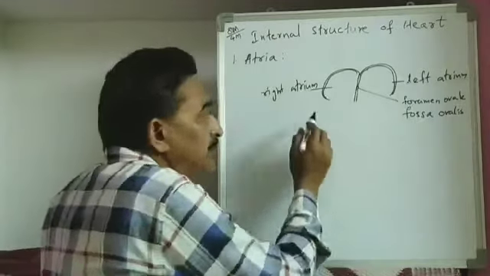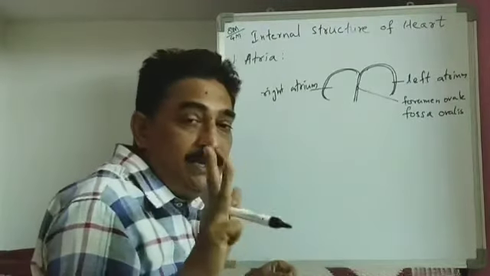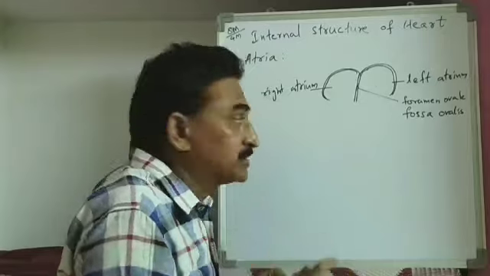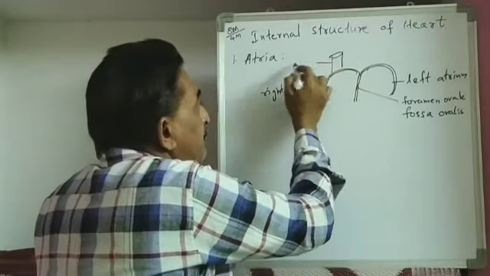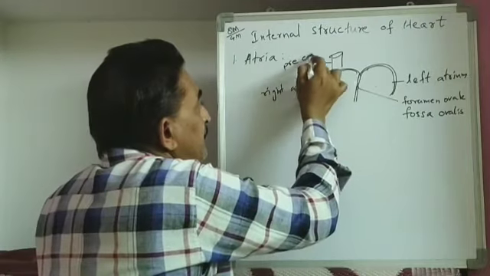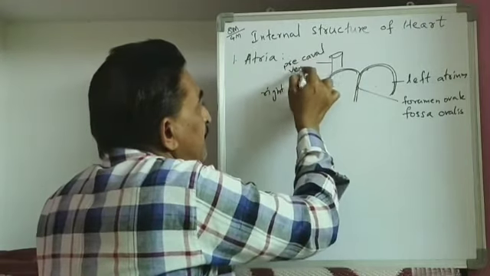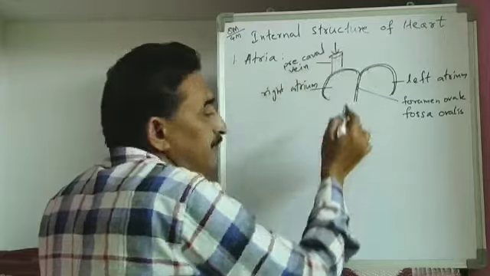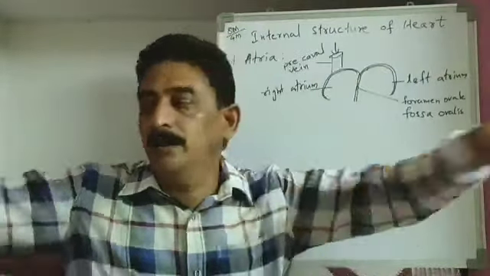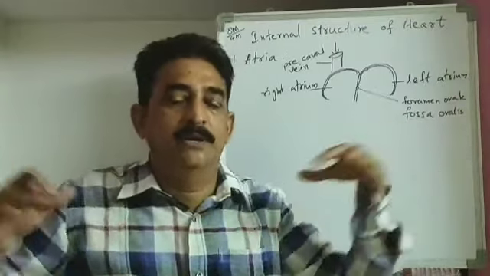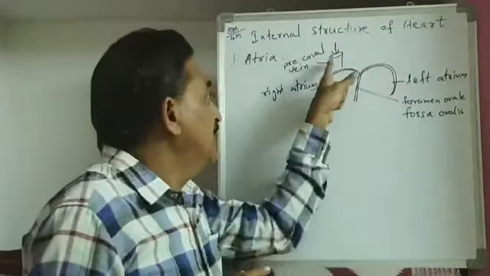So right atrium receives 3 venae cavae. This is precaval vein. Precaval vein receives blood from the anterior part of the body, means head, neck and shoulders. Okay, precaval vein.